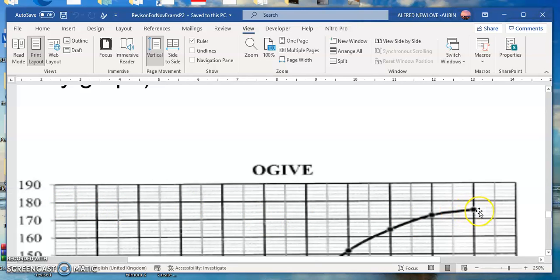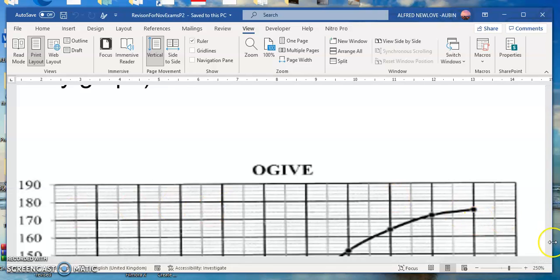Now, if you move this line to here, we are going to have 172, 174, 176, approximately 176.